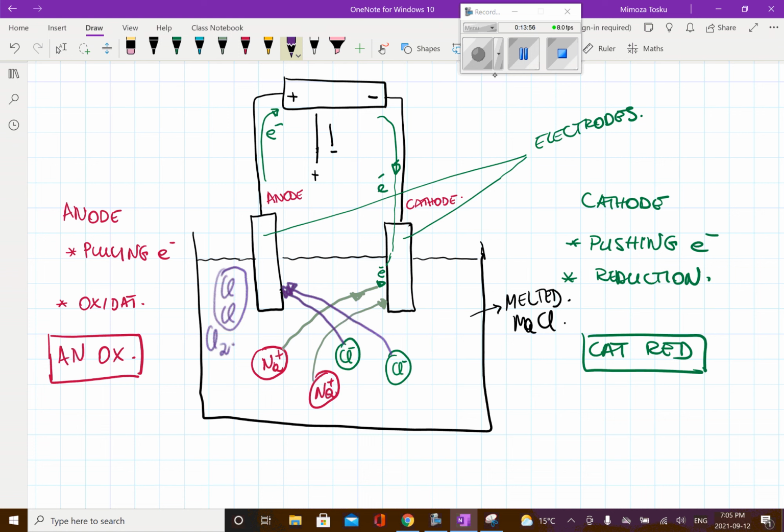So then those electrons are moving, and this is what is happening in the electrolytic cell.